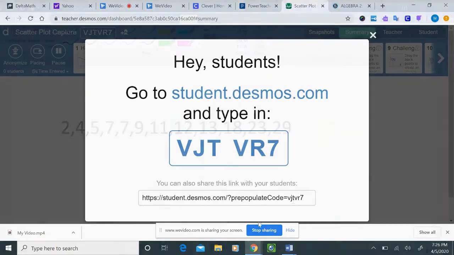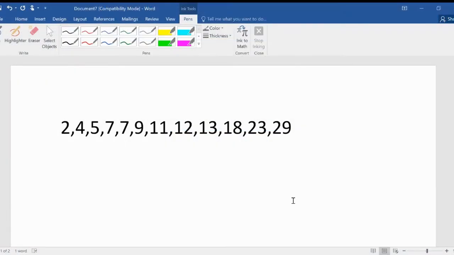Let me show you how to do a box and whisker plot.